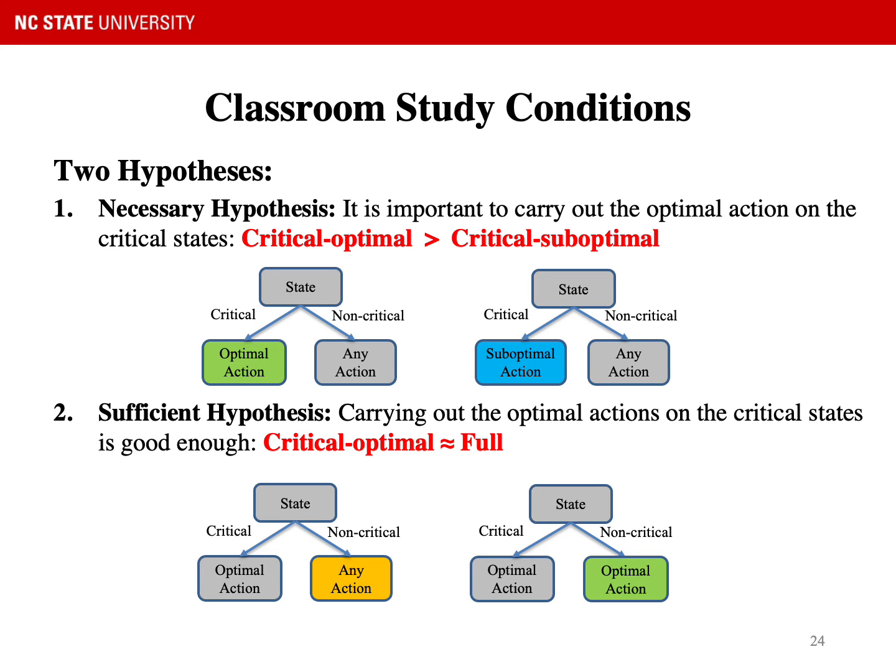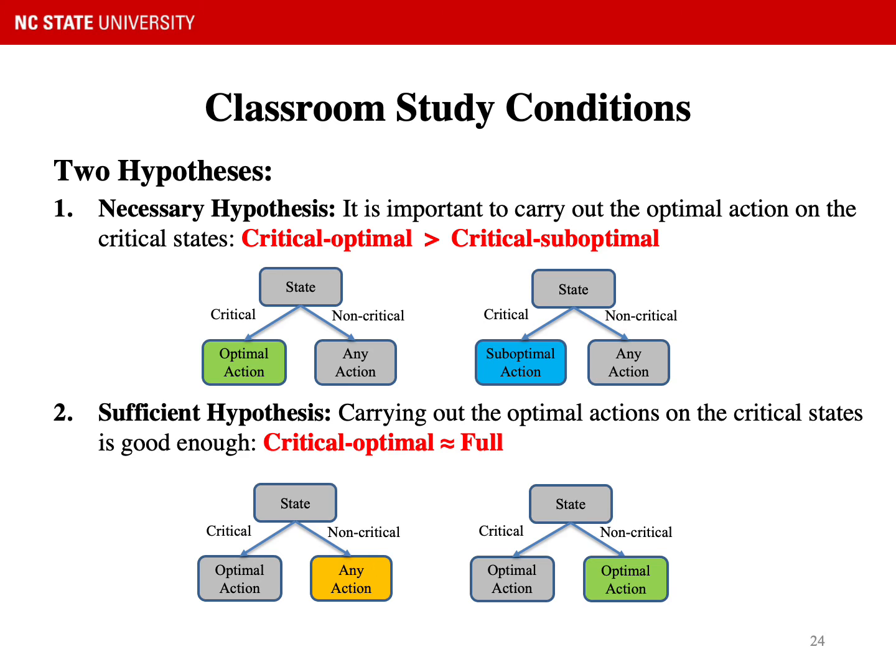The only difference between the two policies is whether to carry out the optimal actions on the identified critical states. If the necessary hypothesis is valid, that is, for the critical states, the optimal actions have to be carried out, we expect the critical optimal policy to outperform the critical suboptimal policy.